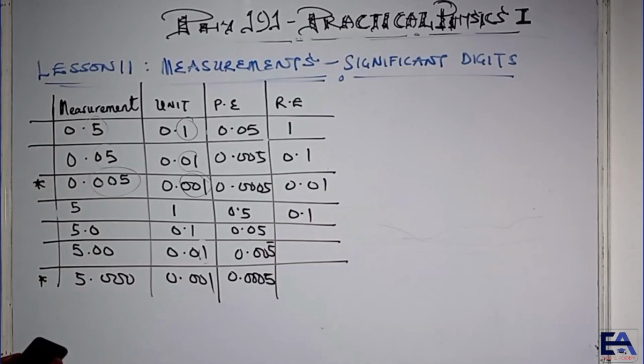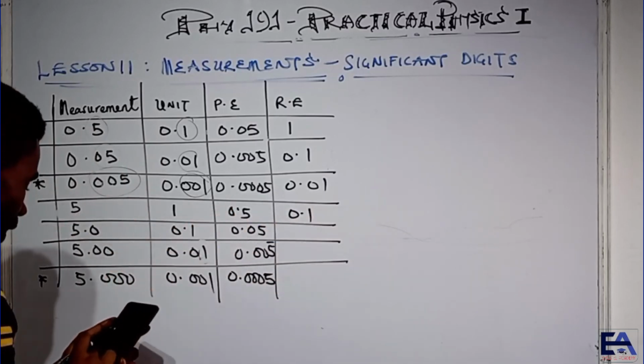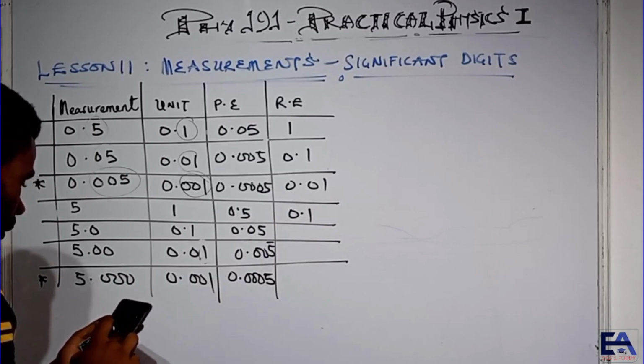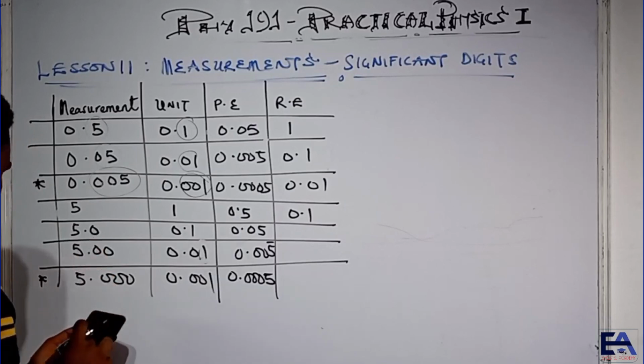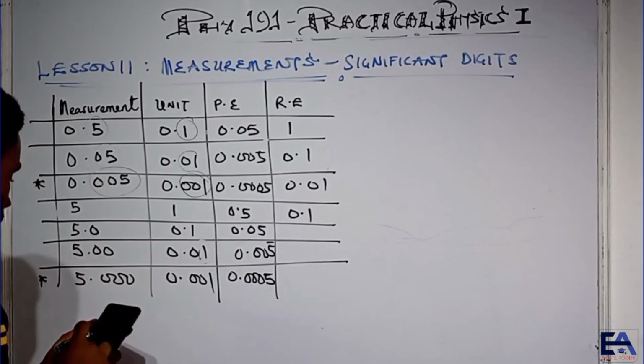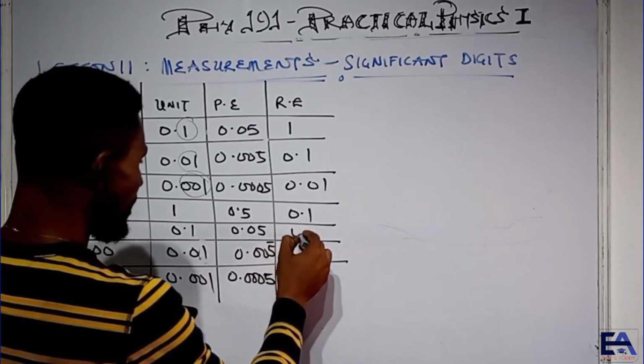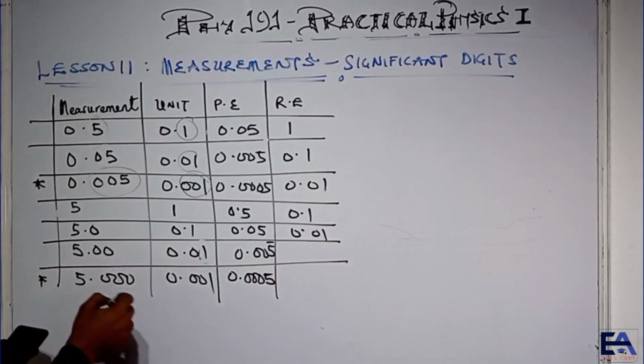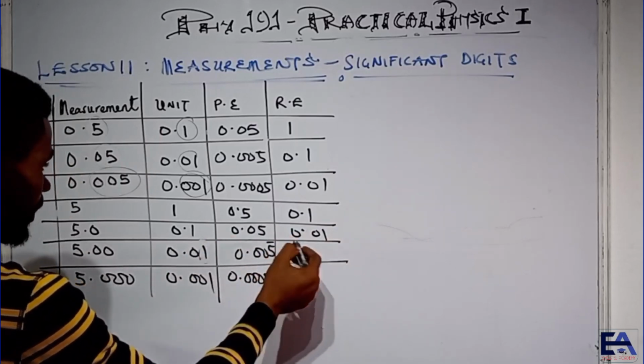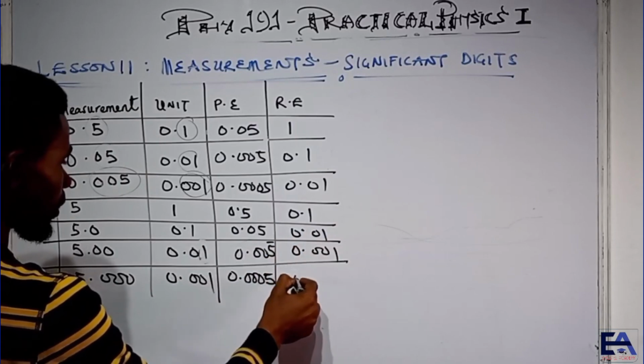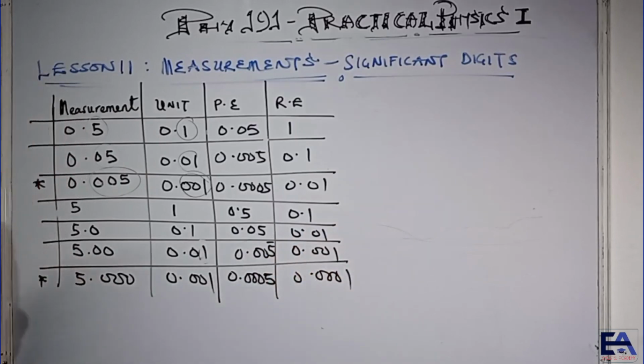Just check it out. And then 0.05 divided by 5.0, mathematically is what? 0.01. And then if you follow the trend, we're going to keep having 0.001, 0.0001. Do you understand?